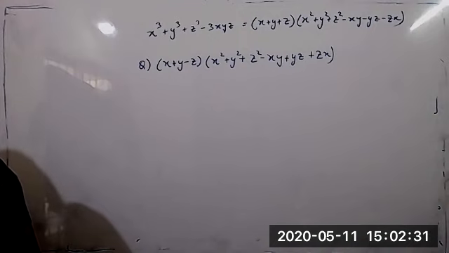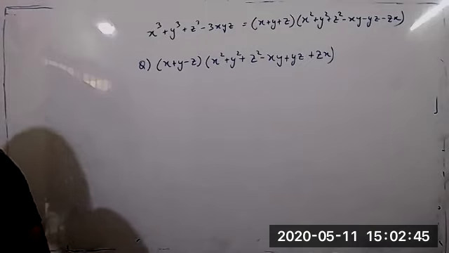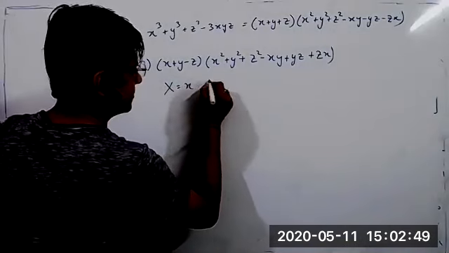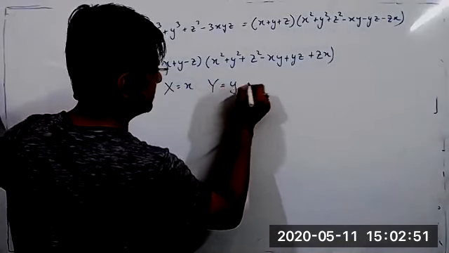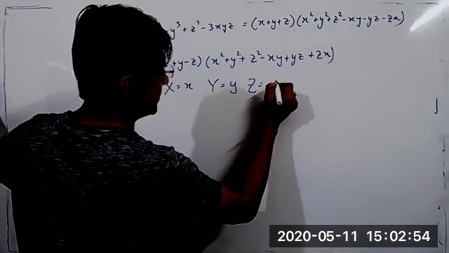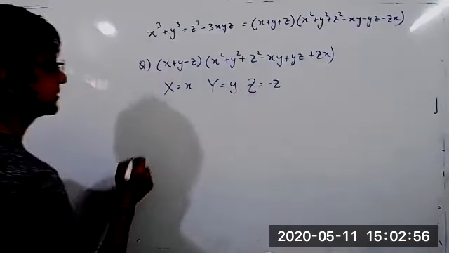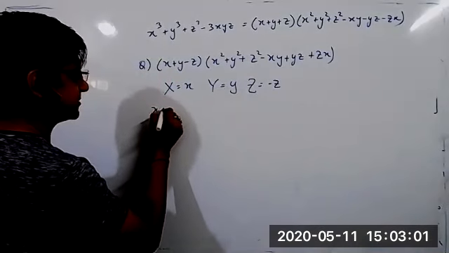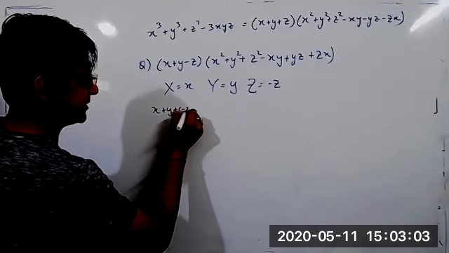x cubed plus y cubed minus z cubed plus 3xyz. Yes. Tell me. Now x is x, y is y, and z is minus z. So you can write this as x plus y plus minus z, right?